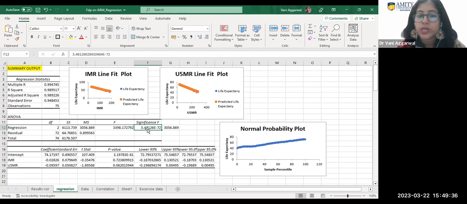Looking at the p-value of the F statistic, is this significant or insignificant? Significant. Other answers, please.